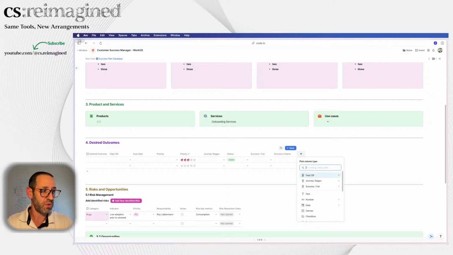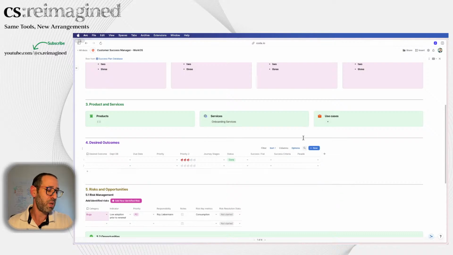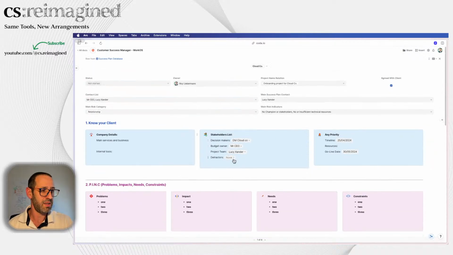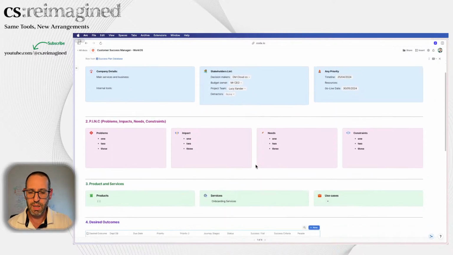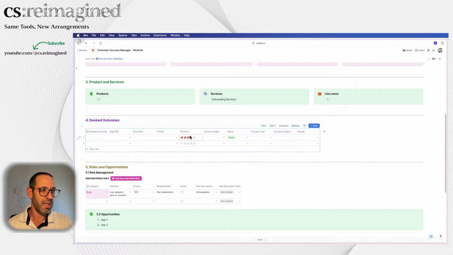And we can add success criteria, and maybe it's important to add just the contact. We want to know who is the person that actually requested that desired outcome, because in the end, if this person for some reason is sitting as a detractor, or as a budget owner or decision maker, we know that although their priority was 3, we might want to make it 4, because there is another stress level that we want to take off of us.